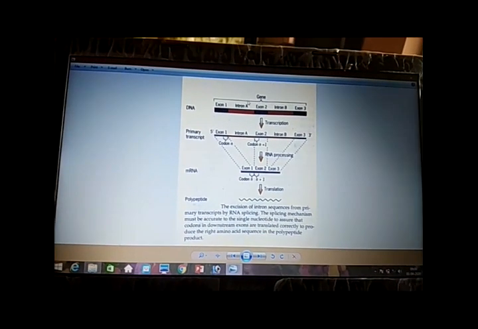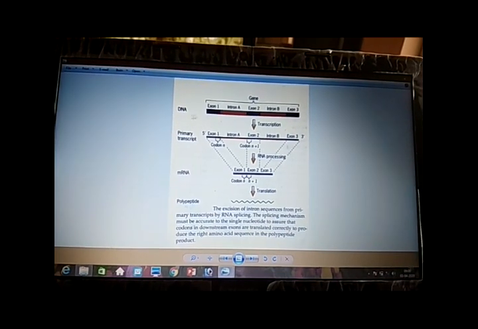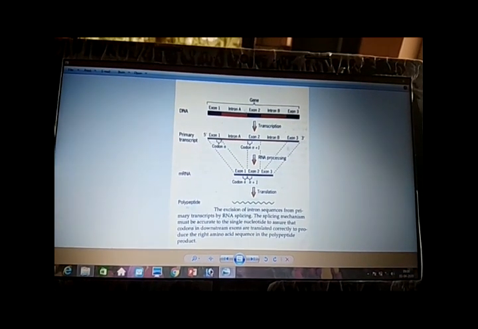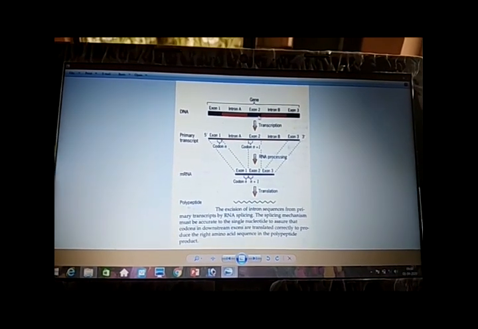Thus, the split gene consists of exons, introns, and again exons lying adjacent to each other.